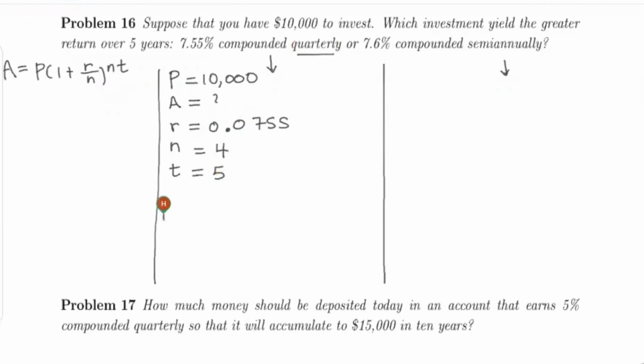So A equals 10,000 times (1 plus 0.0755 over 4) to the power of 20, combining 4 times 5. Alexa had the correct formula and correct numbers. We need to find this number. Adam, do you have a number for that?